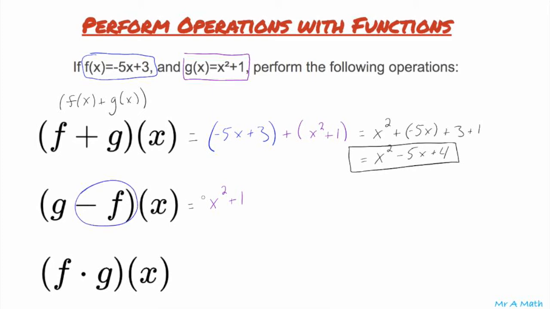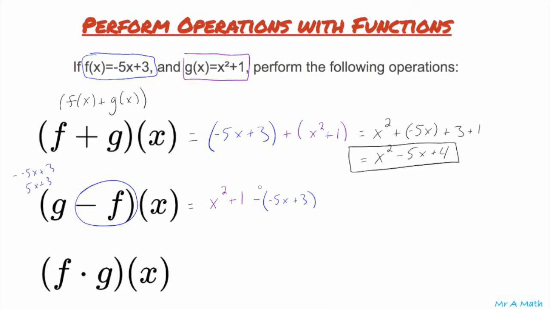I'm subtracting f. So I'm going to subtract and keep the parentheses, make sure you do, because it's subtract negative 5x plus 3. Sometimes over here, people will just put subtract negative 5x plus 3, and then they'll say, oh, negative times negative is positive, so it's just 5x plus 3.